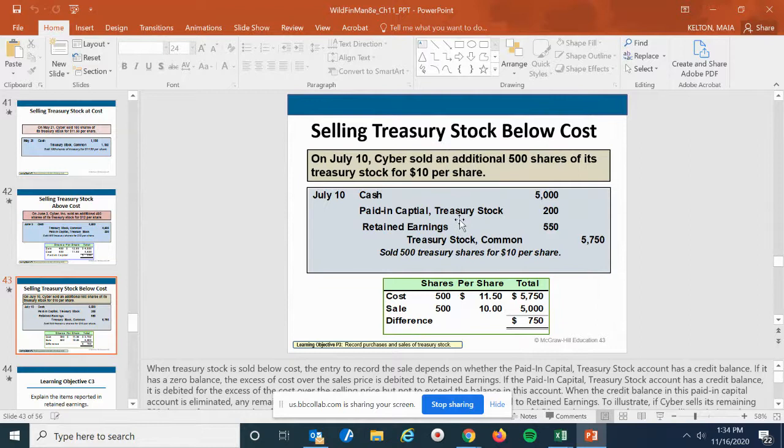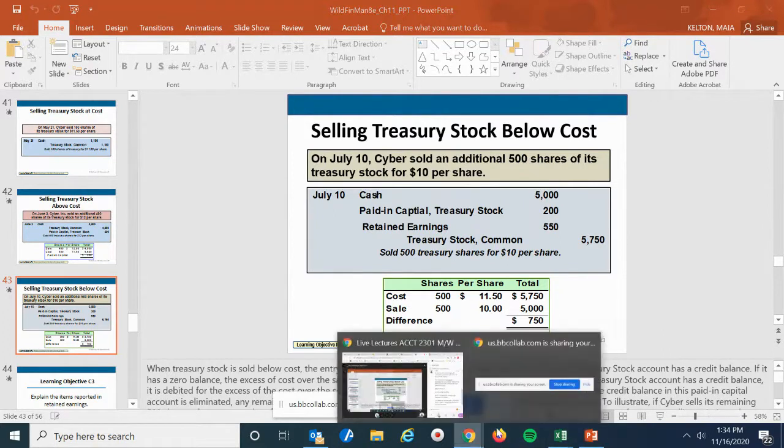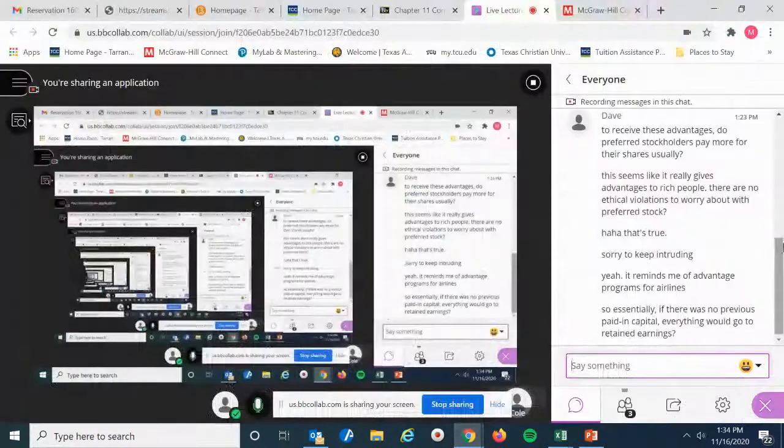Okay, so now that we're dealing with treasury stock, we will be using paid-in capital treasury stock to account for those transactions. So first, note that if there is no paid-in capital at this point when the treasury stock is sold, right?